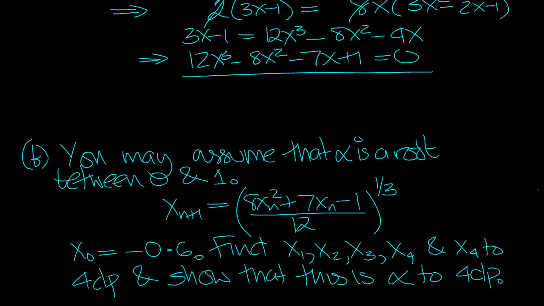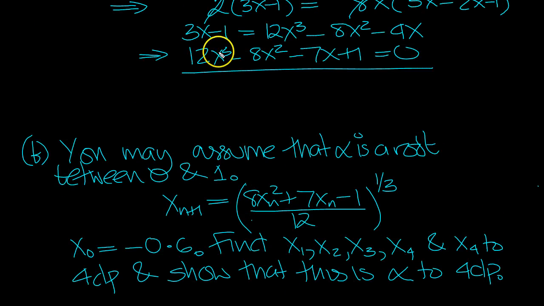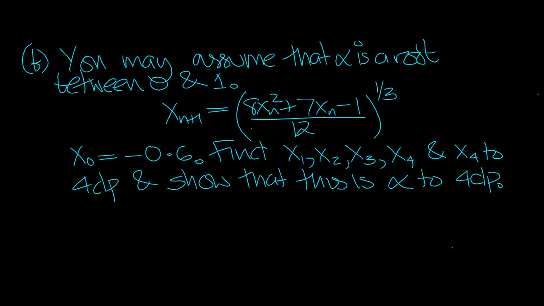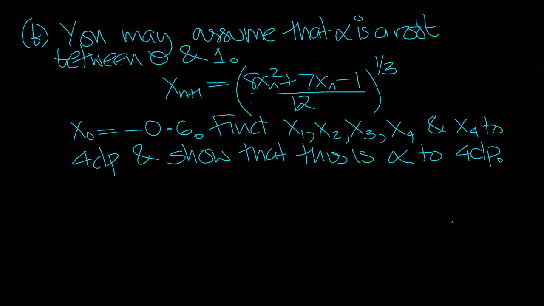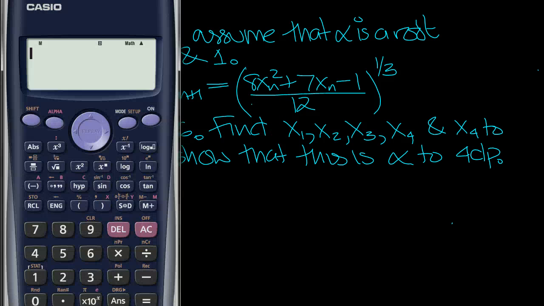So part B. Now the solution of that equation, which we can call g of x, has a root here when it's rearranged using an iteration formula. So we need to type this in with our start value of minus 0.6. So let's put in minus 0.6 into answer.